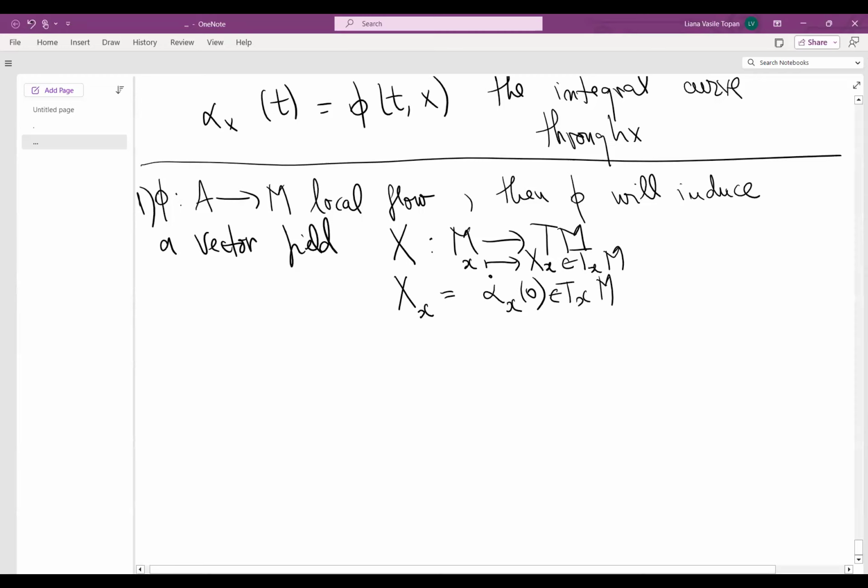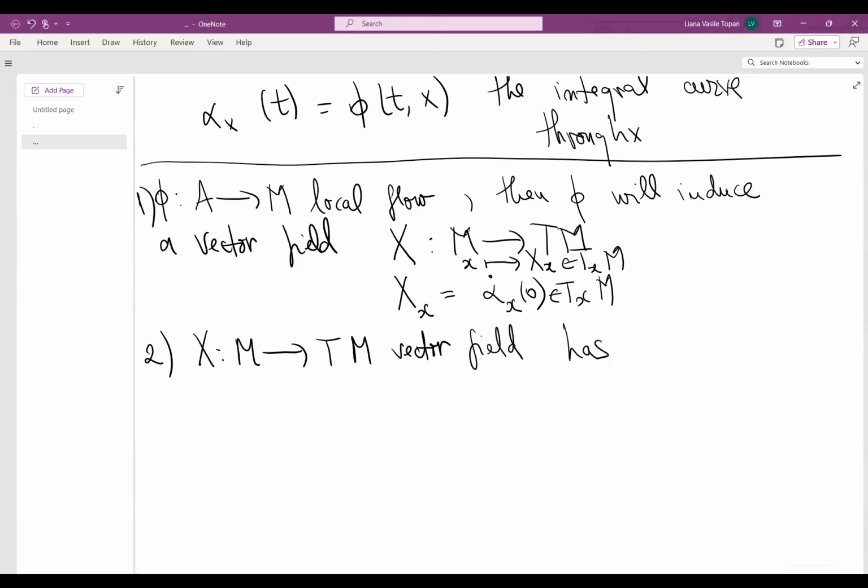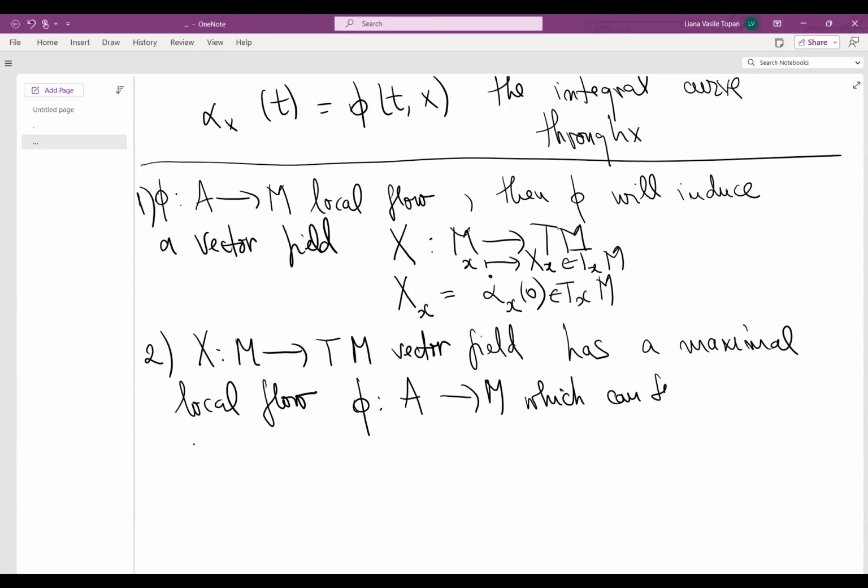And so this is one, and the other way around, every vector field, so if this is a vector field on M, every vector field has a maximal local flow phi defined on A in M, which can be found by computing, for every x in M, the maximal integral curve.